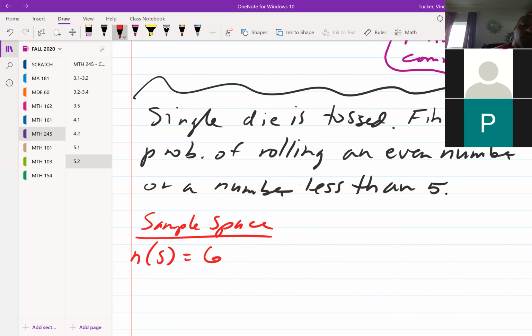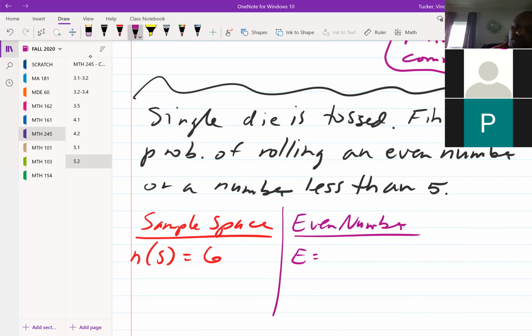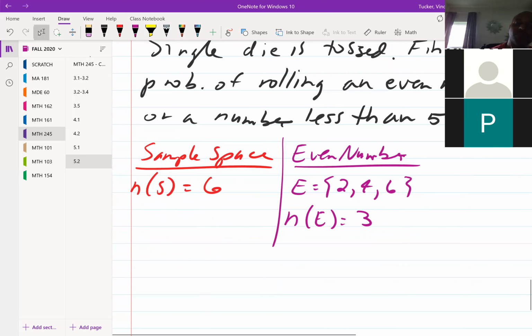And that is 6, because we know it's numbers 1 through 6. Now we look at even numbers. So our even numbers, 2, 4, 6. So the number of even numbers is 3. And the probability of getting an even number is 3 out of 6.